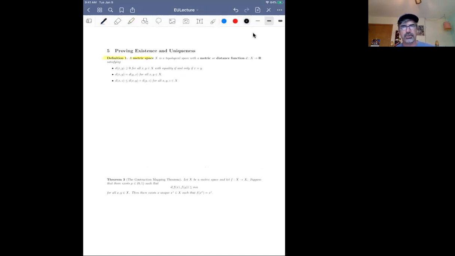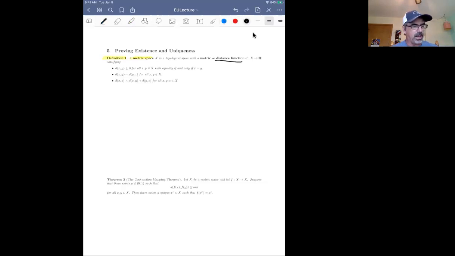A metric function is simply a distance function, and it gives us a way of measuring the distance between points. There are mathematical objects out there that are not metric spaces. In a topology course you would be introduced to these things, but here we're not going to worry about it. We have some way of measuring distance.